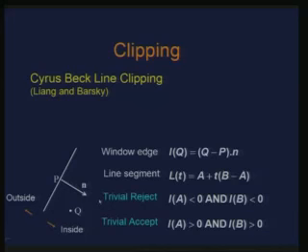Now let us try to see in more detail what I was trying to suggest about the window edge. If I have the edge given in implicit representation L(q) = (q - p) dot n, and the line segment given in parametric representation L(t) = a + t(b - a), then what I mean by trivial rejection is looking at the two endpoints of the line, a and b.